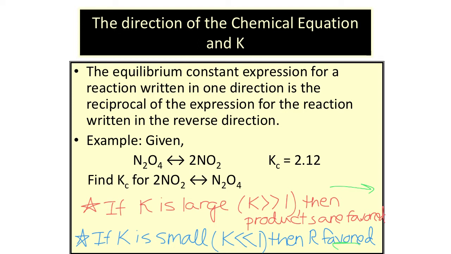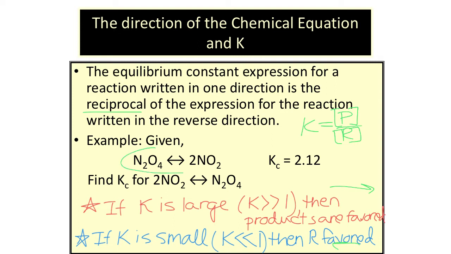When we try to reverse the reaction, we will need to take the reciprocal of K. So we do not negate it because K can't be negative, but we will reverse the products and the reactants. Remember, K is concentration of the products over the concentration or pressure of the reactants. So if we're reversing the reaction, we reverse that. So we'll take the reciprocal of that.